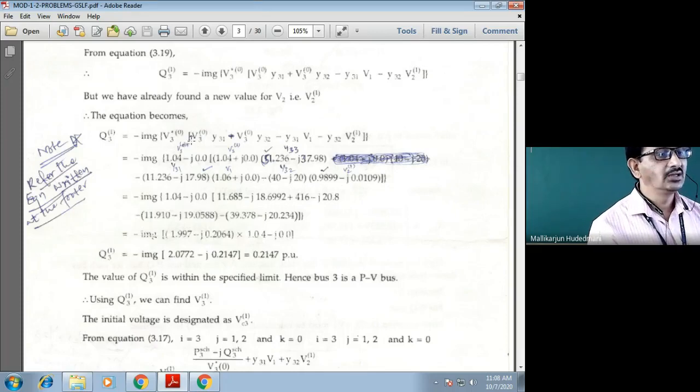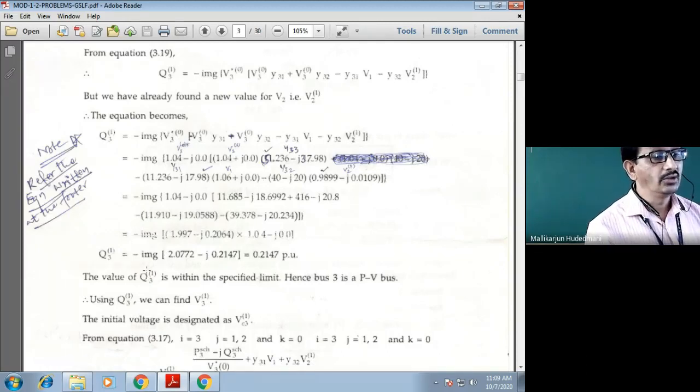How do I get I3? V3 minus V1 into Y31, V3 minus V2 into Y32. If I operate, I'll get this product directly as this final line, Q3(1) equal to minus imaginary inside a square bracket 2.0772 minus j0.2147, bracket complete.